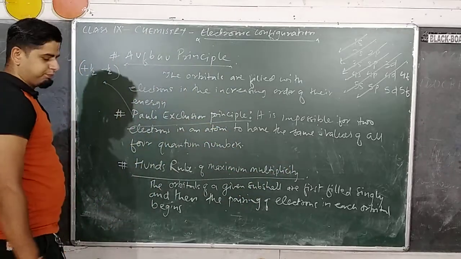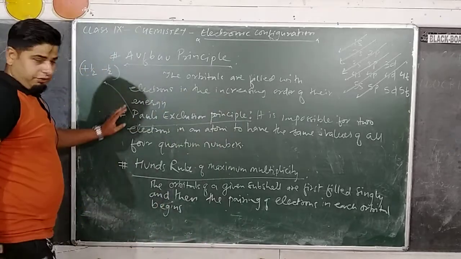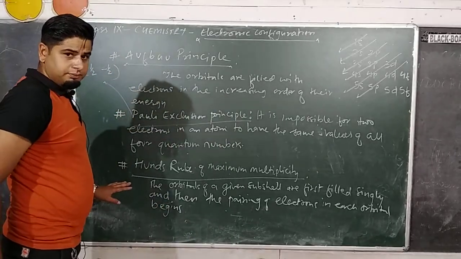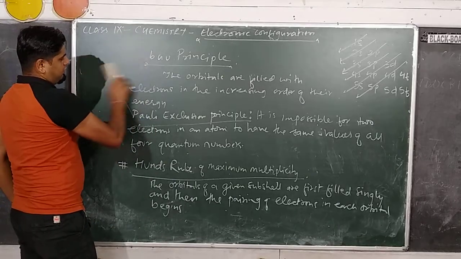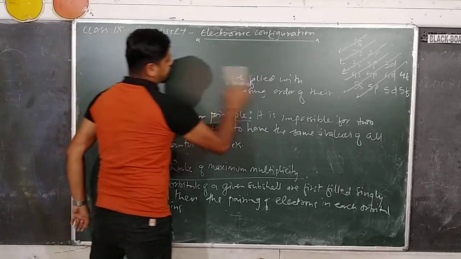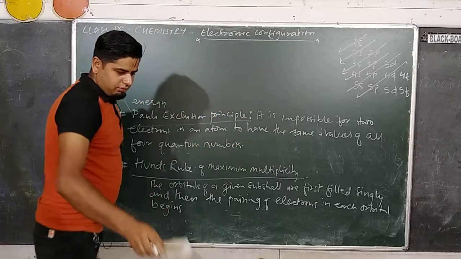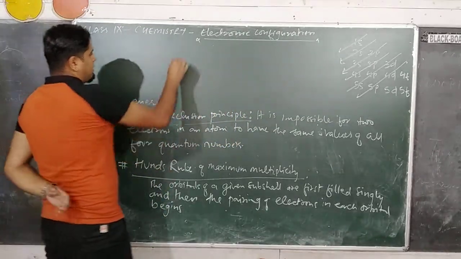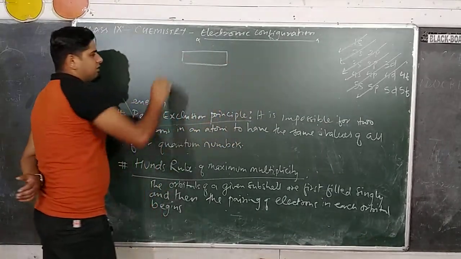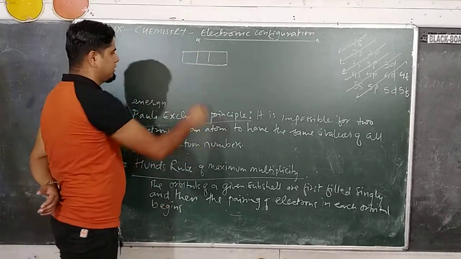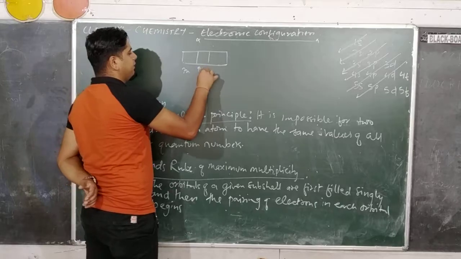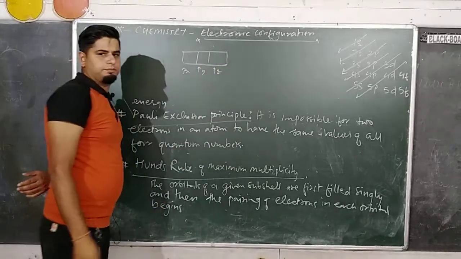I'll explain this. First take a screenshot of this. Now I'll explain Hund's rule. As you know, how many orbitals are there for the p subshell? 3. px, py, pz.